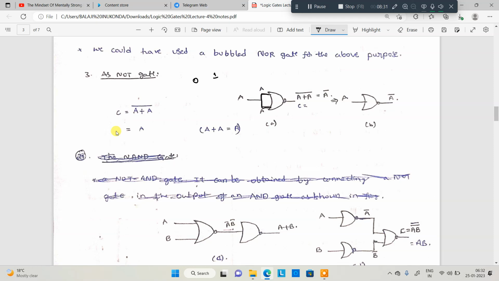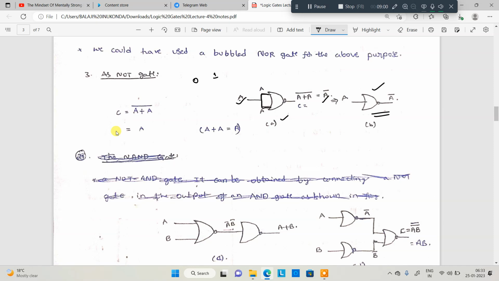I gave A, and this A and A are connected to the NOR gate. The NOR gate output you may expect is A plus A bar, because both the inputs are the same, A and A. So A plus A, complemented, is A bar. When you give the input A, the output is A bar. This is the NOR gate whenever both the inputs are connected. So this is the representation.